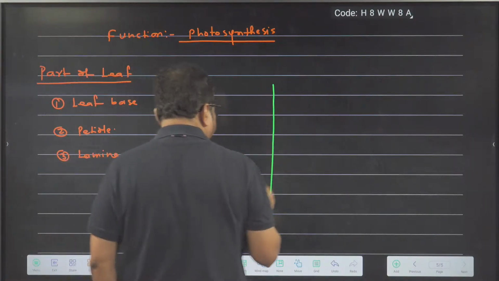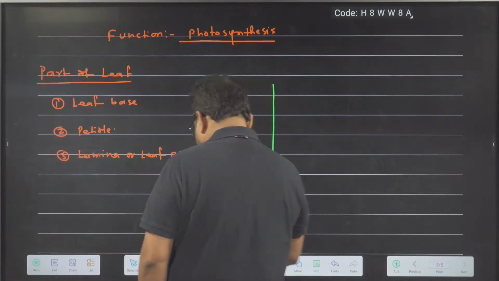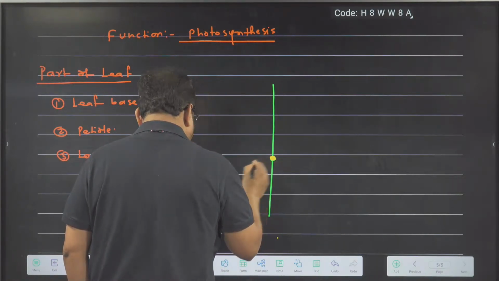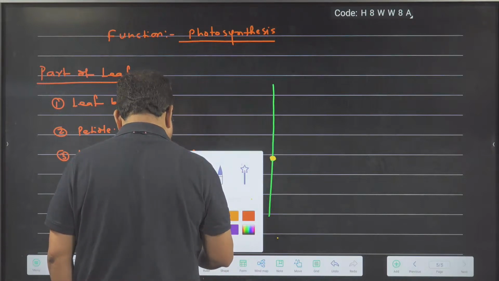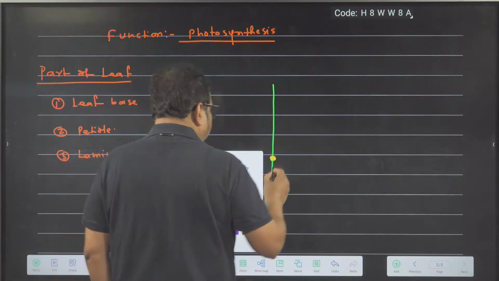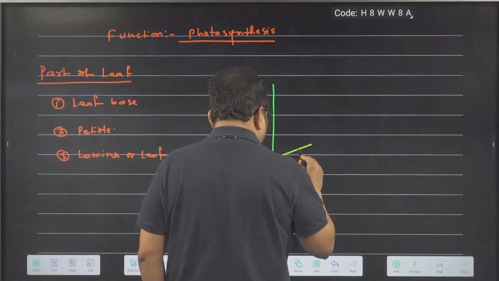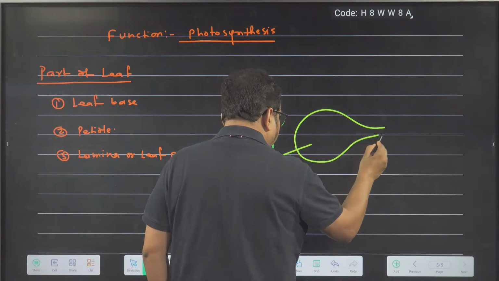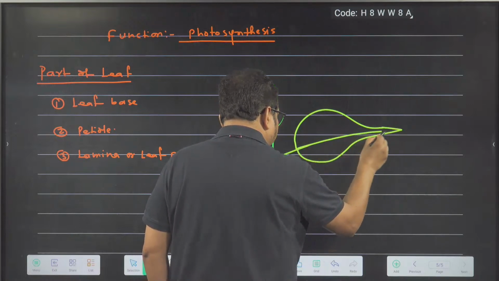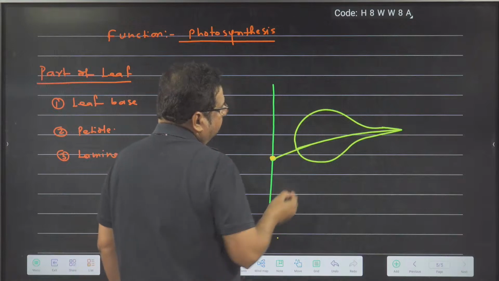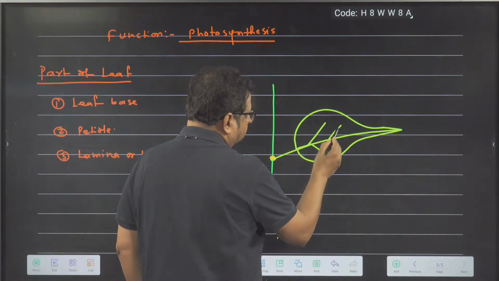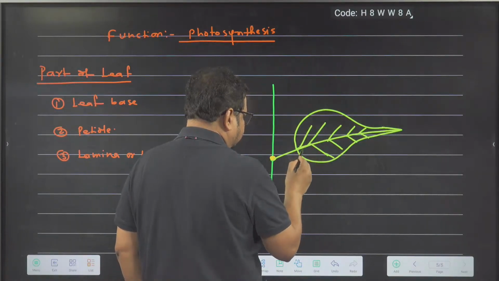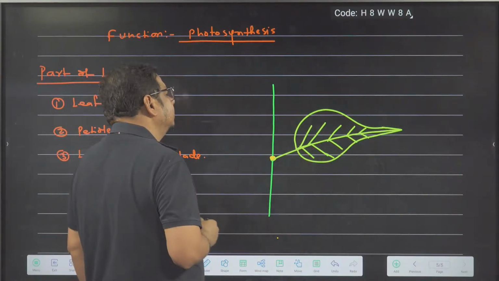So this is the stem. Here is the node. I am changing the color for the node. It is the node. And from the node, which area? Shoot apical meristem. Who is arising? Leaves are arising. Suppose that it is a leaf. Got the idea?